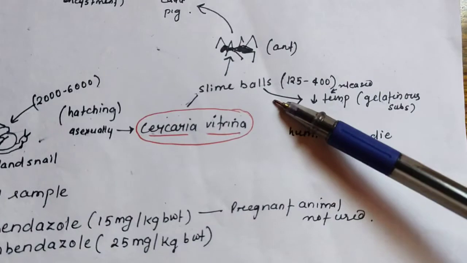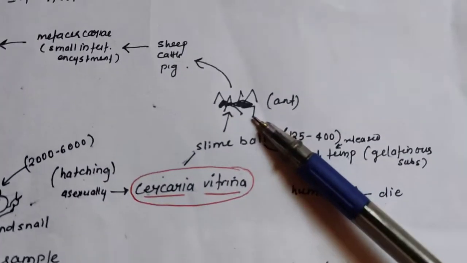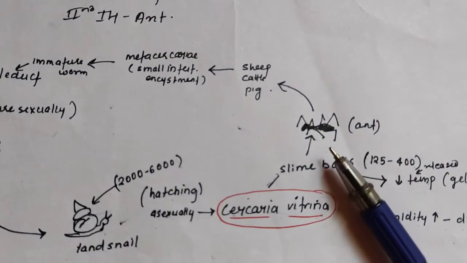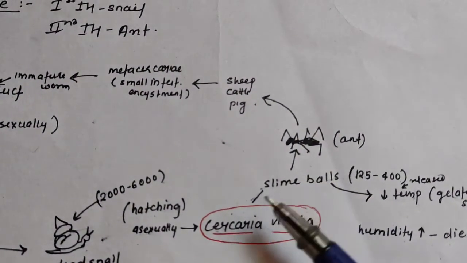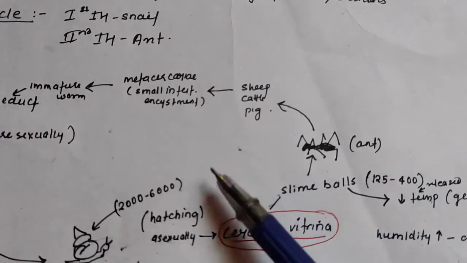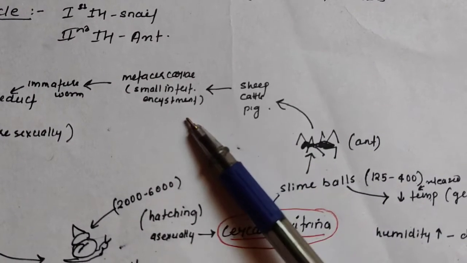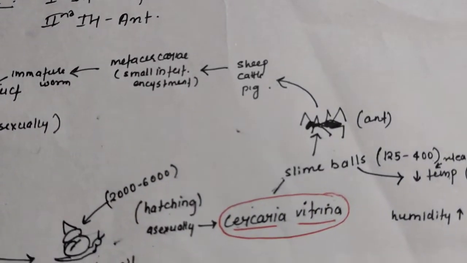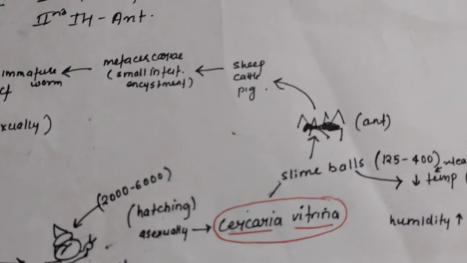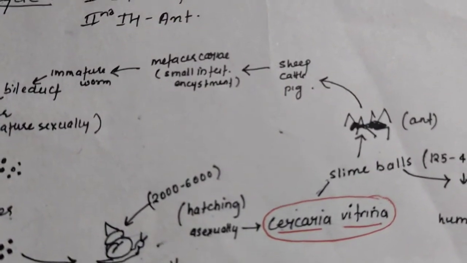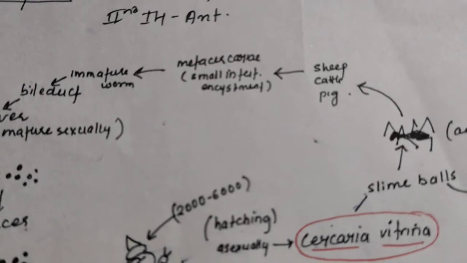Then these slime balls are ingested by the ants, and if these ants are ingested by sheep, cattle, or pig, then the metacercaria develops in the small intestine and gets encysted. Later on, the immature worms which are formed in the small intestine migrate to the bile duct.